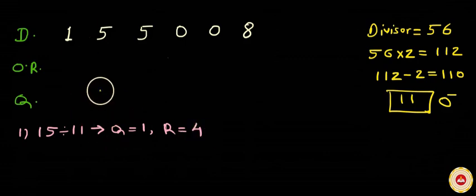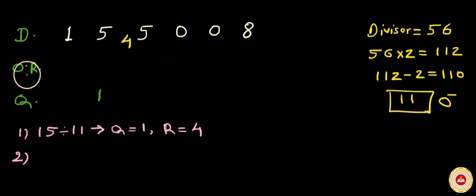Write quotient 1 below 15 in the quotient area and write remainder 4 as a prefix to the next digit in the dividend, which is 5. Now read this as 45.